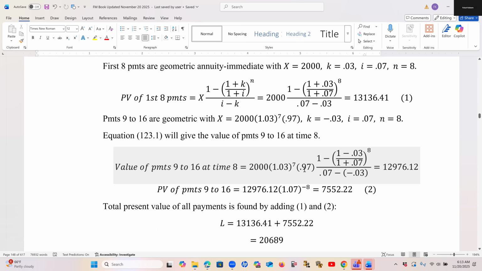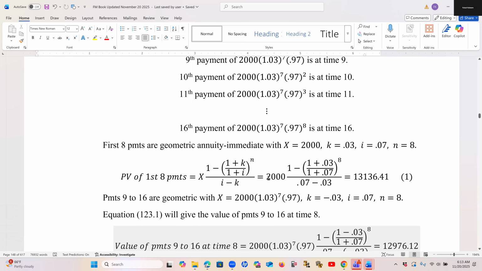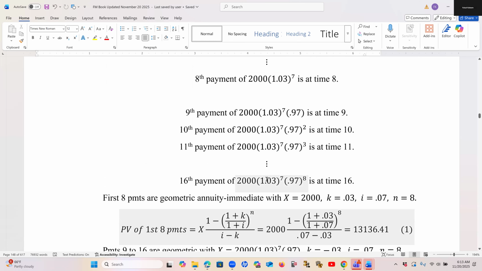And this is the value of the payments 9 through 16 at time 8. The reason is that we are applying the geometric annuity immediate formula. And we know that in the annuity immediate, the present value formula gives us the value one period before the first payment.